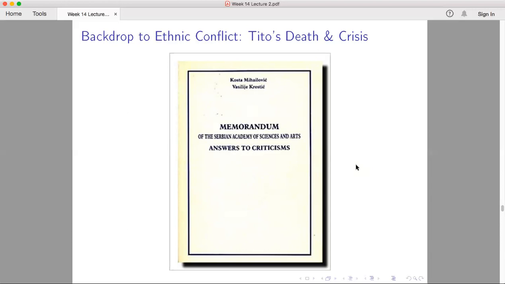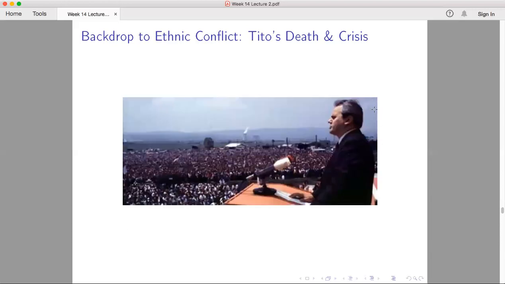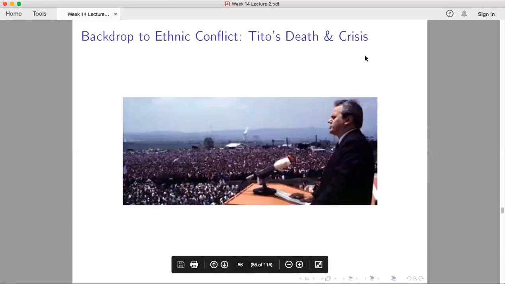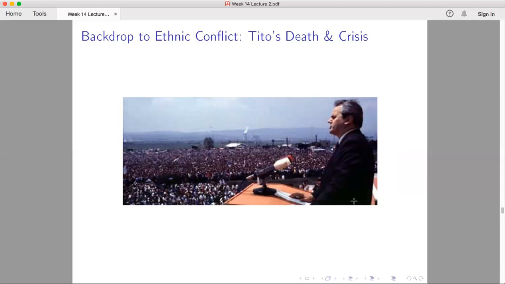And this is further exacerbated by the actions of individual politicians. So Slobodan Milosevic, a name that you might be familiar with, is really influential in this process. He was the president of Serbia, and actually next in line in 1988-89 to become president of the Republic of Yugoslavia.